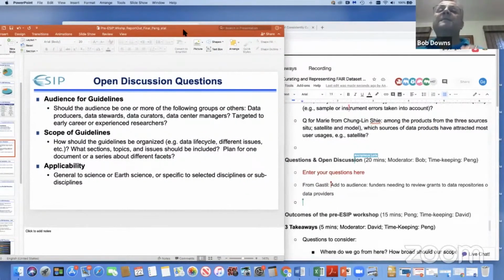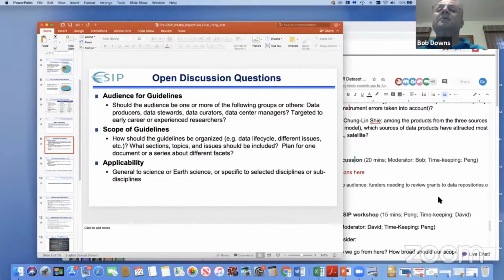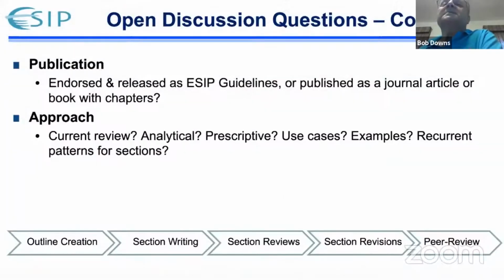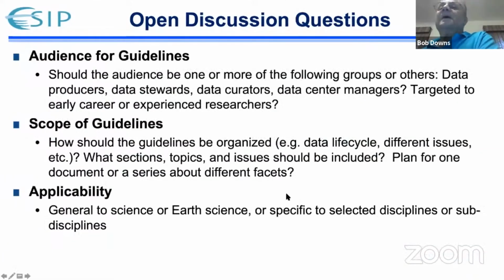Okay, well, while people are thinking about that, let's move on to the scope since we're kind of short of time. Yeah, if we could go back one slide, Peng, please. Oh, thank you. So in terms of the scope, how might we organize the guidelines?